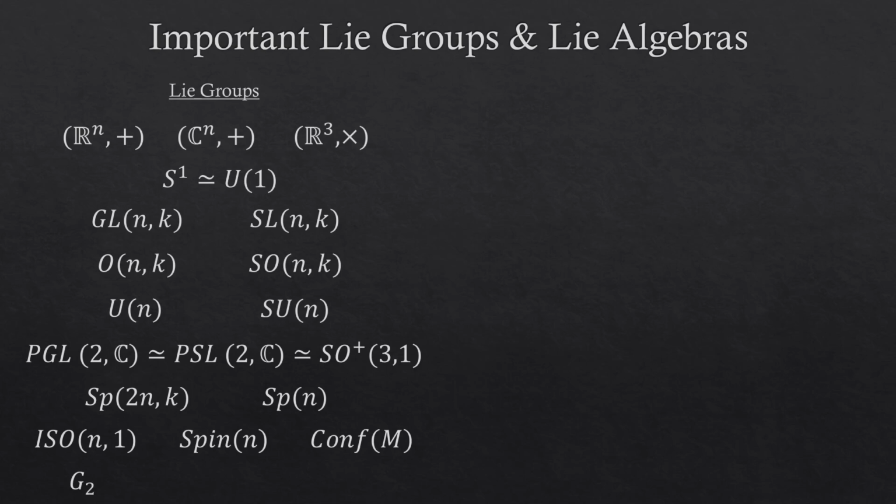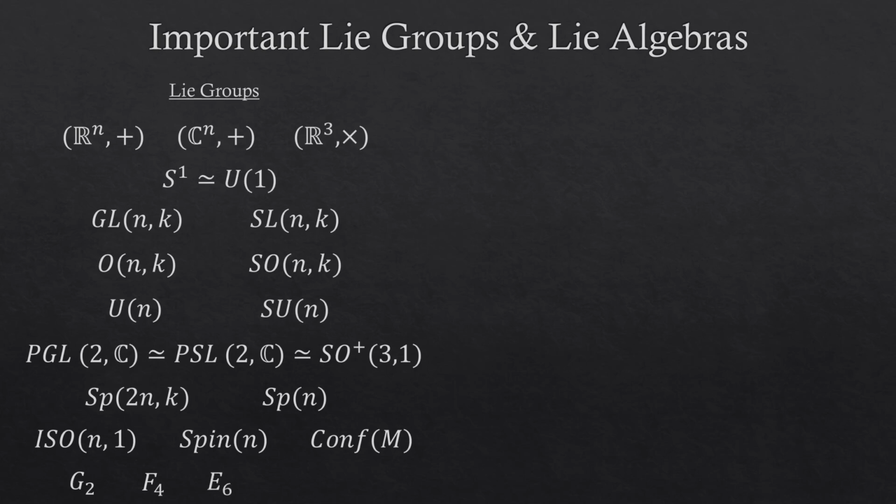But then we have the exceptional Lie groups. For example, G2, which is essentially the automorphism group of the octonion algebra. And it's a 14-dimensional Lie group. And then we have F4, which is an isometry group of a 16-dimensional Riemannian manifold called the octonionic projective plane. And that's a 52-dimensional Lie group.